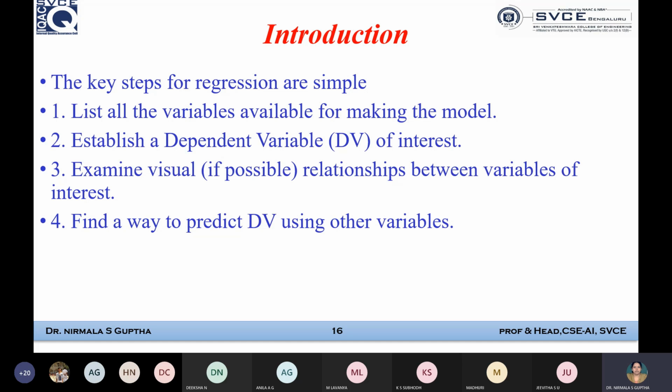That's why the regression is further divided into different types of regressions: the linear regression, non-linear regression, logistic regression, like this. We will see one by one in depth. The curve, as I said, could be a straight line, and it could be non-linear also. But when we draw the straight line by joining all those dots or points, the quality of the fit of the curve to the data can be measured by a measuring parameter called the coefficient of correlation.